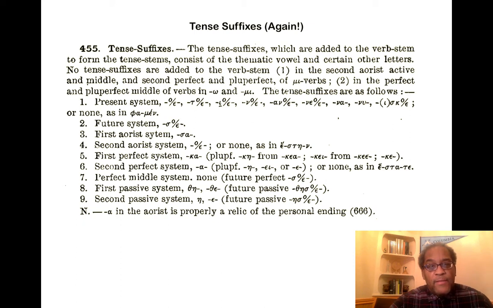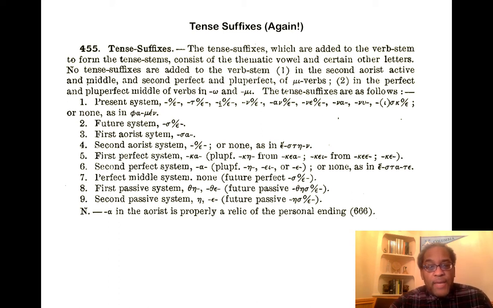And then we haven't seen the perfect first or second perfect yet, or the perfect middle system. But going down to what we've just been talking about, the first passive system in theta eta and theta epsilon, and then the future passive, which we'll look at in a second, in theta eta sigma plus the thematic vowel before the endings.